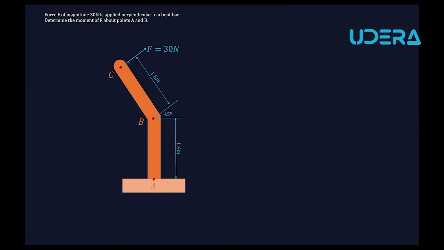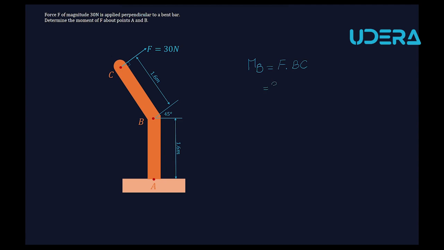So since it's vertical, I'm not going to find the force vector components in this scenario. So easily I can find the moment about point B, which is F times the distance BC.